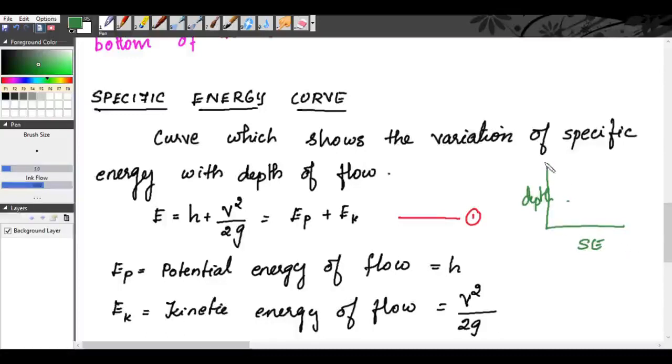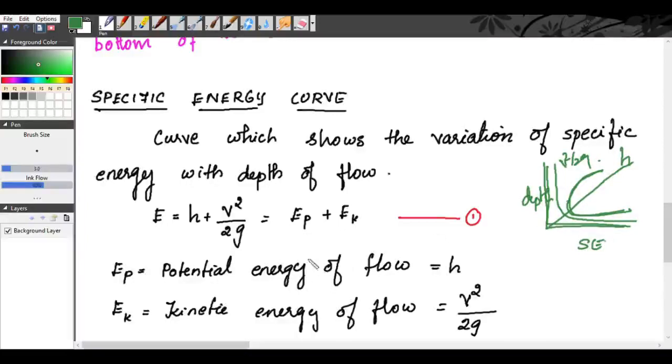This specific energy curve will be a combination of the potential head H and the velocity head V square by 2G.